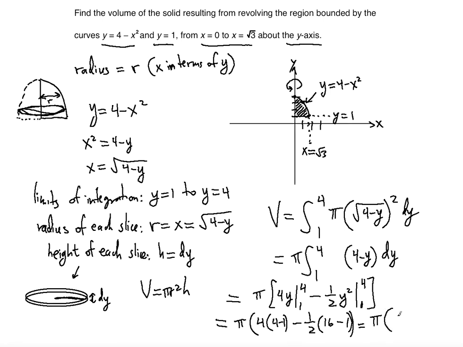So we get 12 minus 15 over 2. That gives us 24 over 2 minus 15 over 2, which is 9 pi over 2. Yes, that's precisely right, 9 pi over 2. This is the volume of the solid of revolution for this problem.